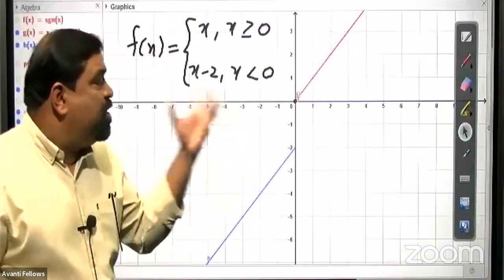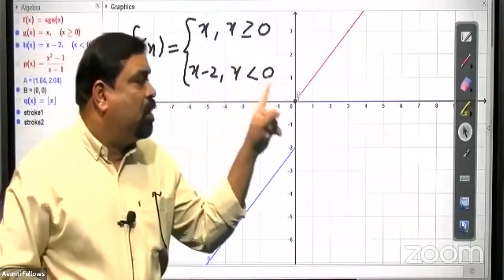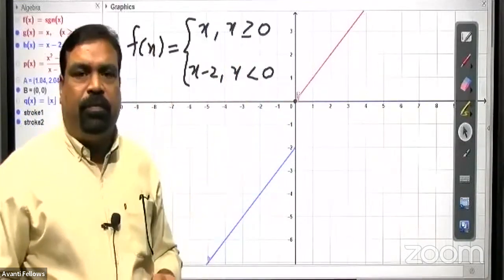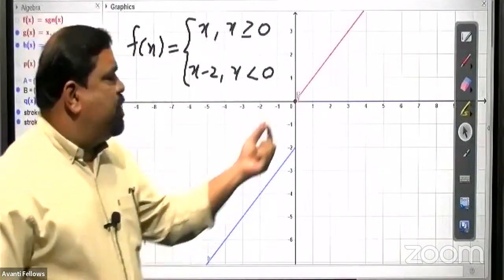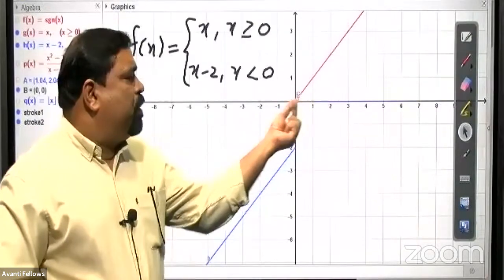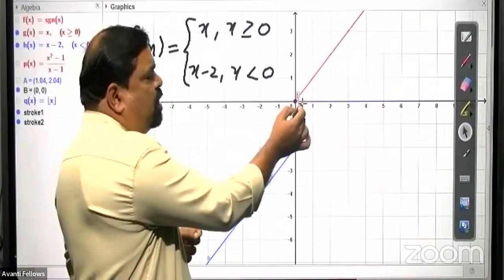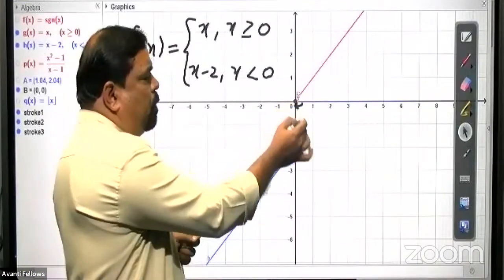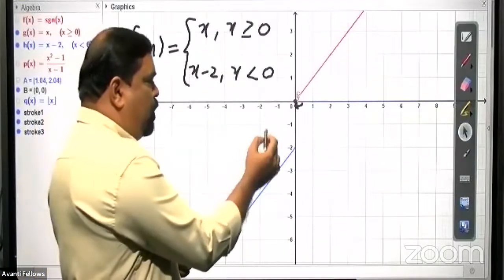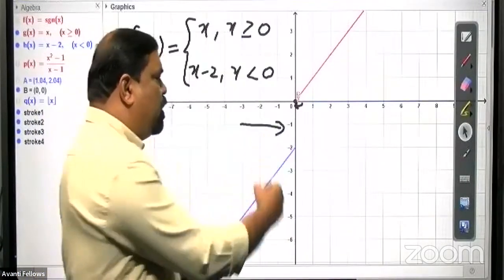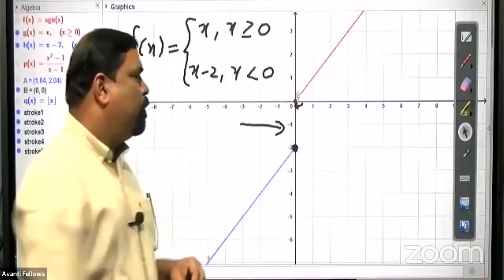But algebraically, what is the right hand limit of this function at the point 0? I think it is very clear. From the right side of 0, the function is approaching 0. When x is approaching 0 from the right side, the function is approaching 0. And from the left side of 0, if x is approaching from the left side, the function value is approaching -2.